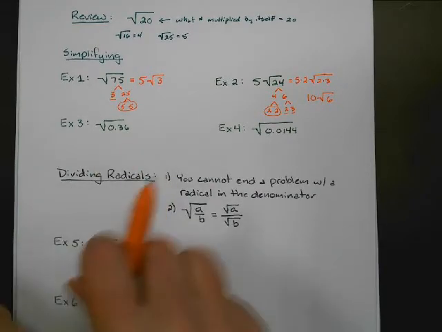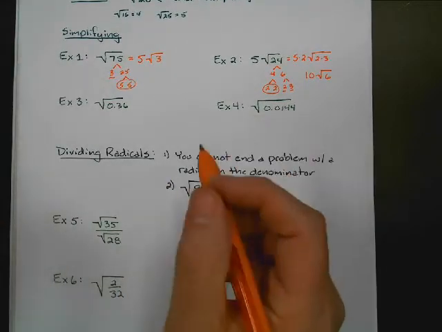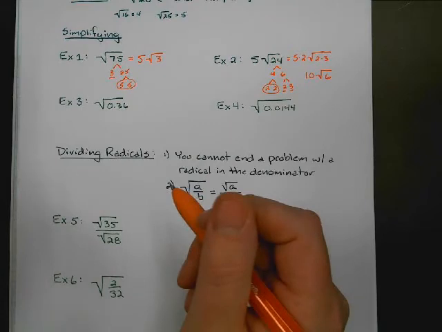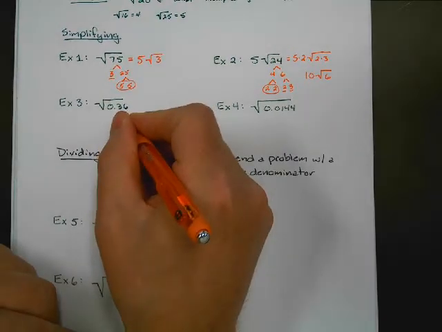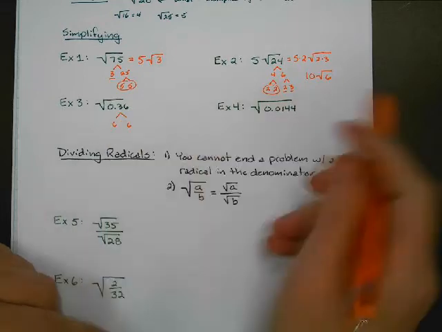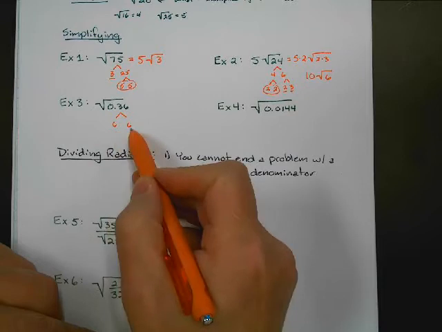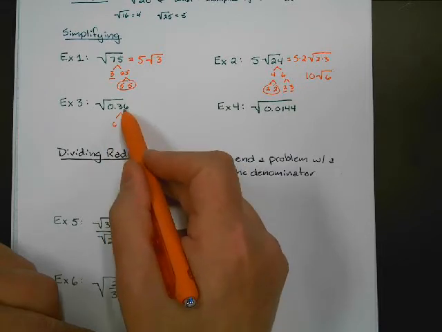Now, what about decimals? Is it possible to do it with decimals? Well, I know that 36 is a perfect square. So this is 6 times 6, but this is 0.36. What would the 6 and 6 be as decimals to get 2 decimal places?